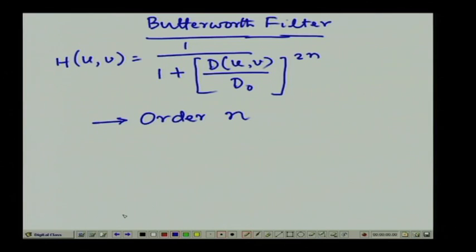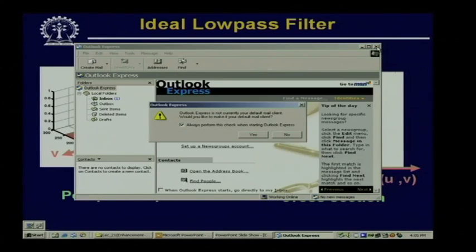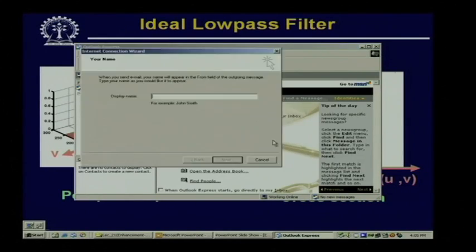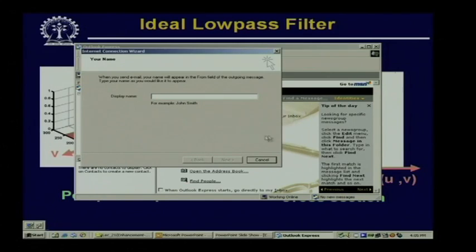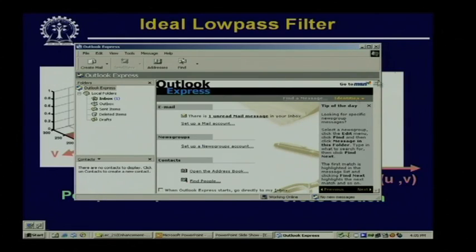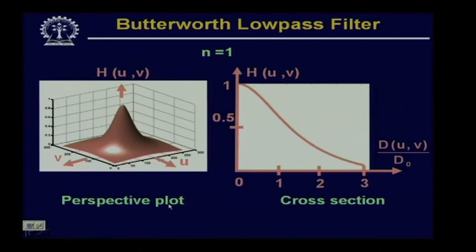The plot of such a Butterworth filter is shown here. Here we have shown the perspective plot of the Butterworth filter, and on the right hand side we have shown the cross section of this Butterworth filter.